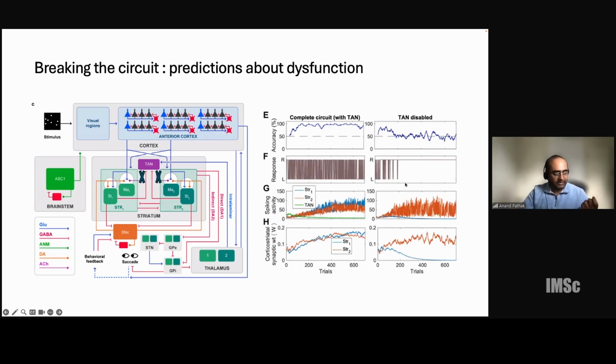Again, very interesting. It feels like initially the model is learning, but then it breaks down and falls onto one of the local minima and just keeps repeating the same behavior. So it shows how each of the components of the circuit is very important, and dysregulation of that can lead to breakdown of the behavior and the function.